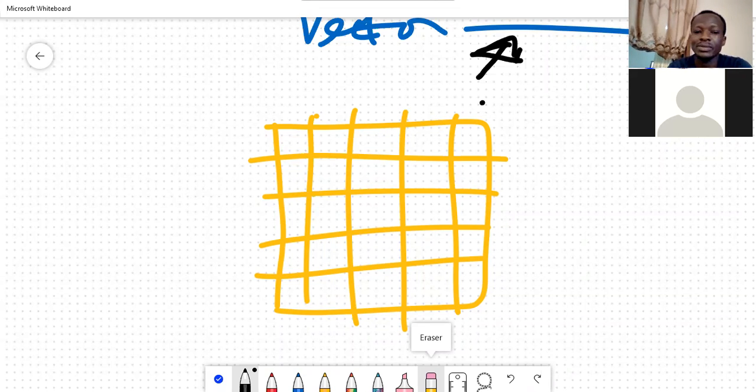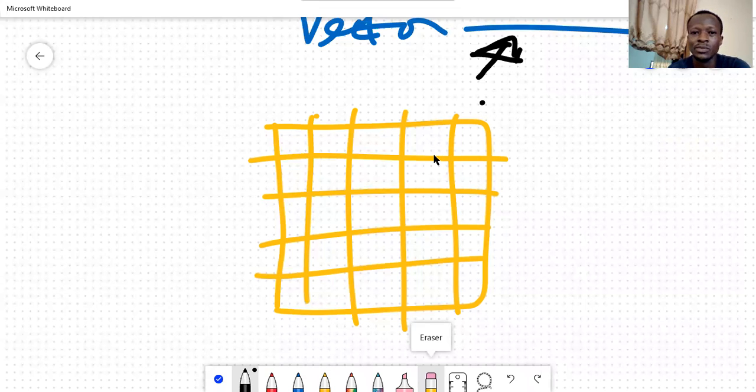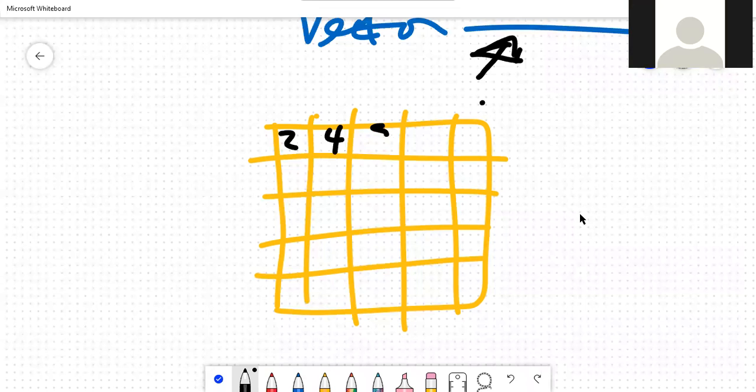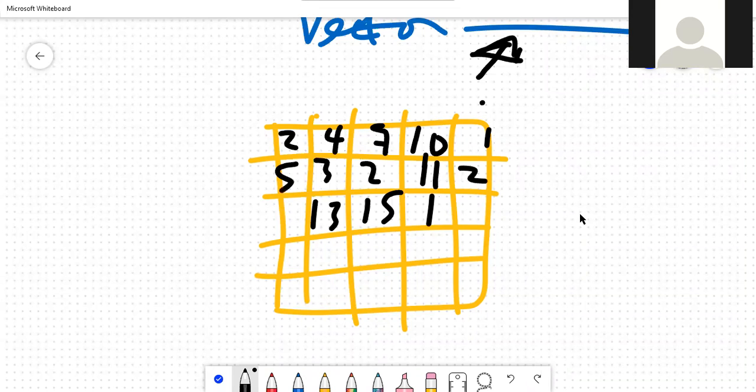So it's a matrix of elevation values. We can have 2, 3, 4, 7, 10, 1, 2, 3, 13. Intentionally, I'm putting values that are low and values that are high on purpose. So this is a digital elevation model.